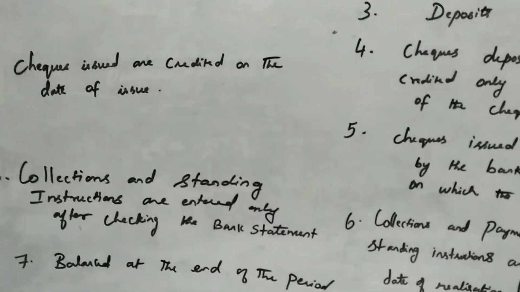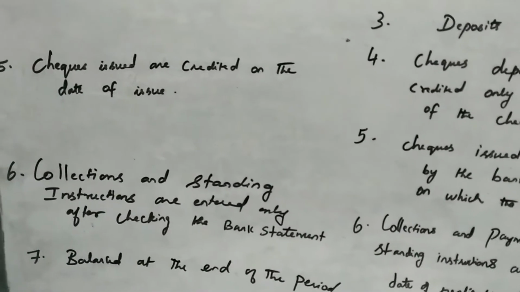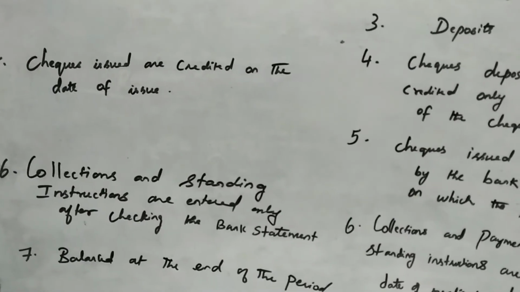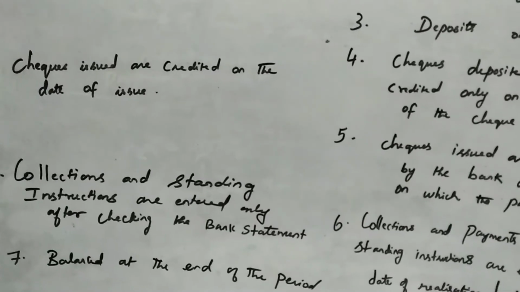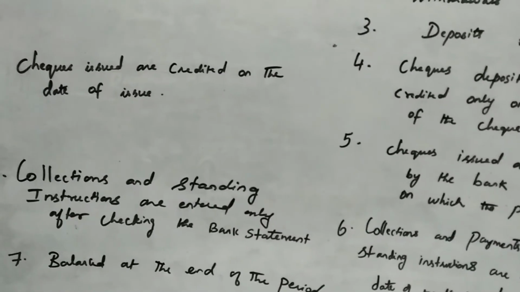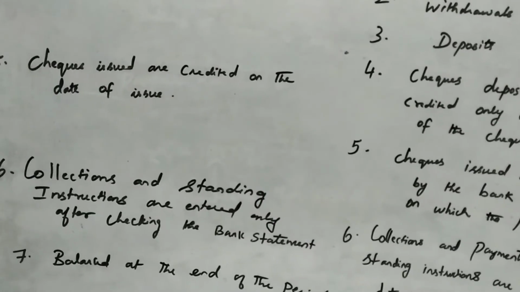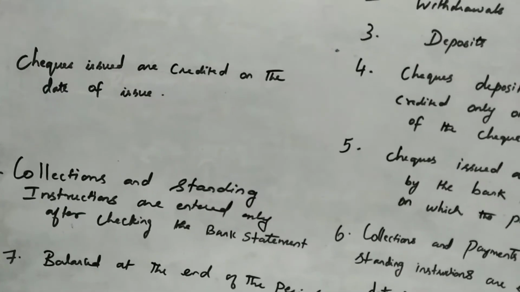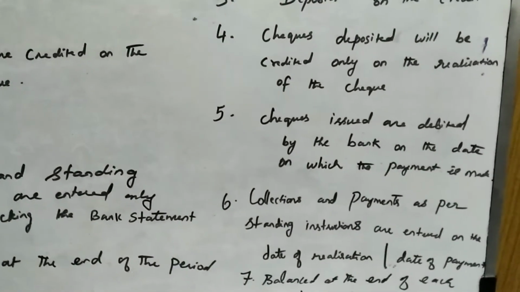Then the last one, balance at the end of the period. As all of you know about your cash book, it is balanced at the end of a specific period. It can either be a week or a fortnight or on monthly basis at the end of that month. Whereas in case of passbook, it is balanced at the end of each and every transaction.